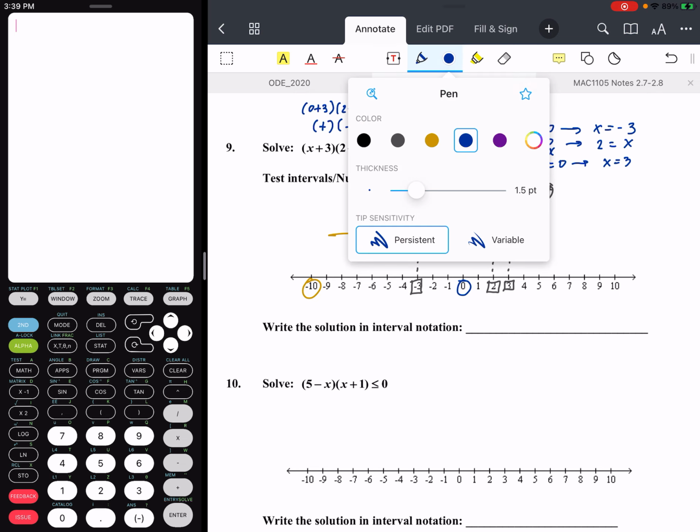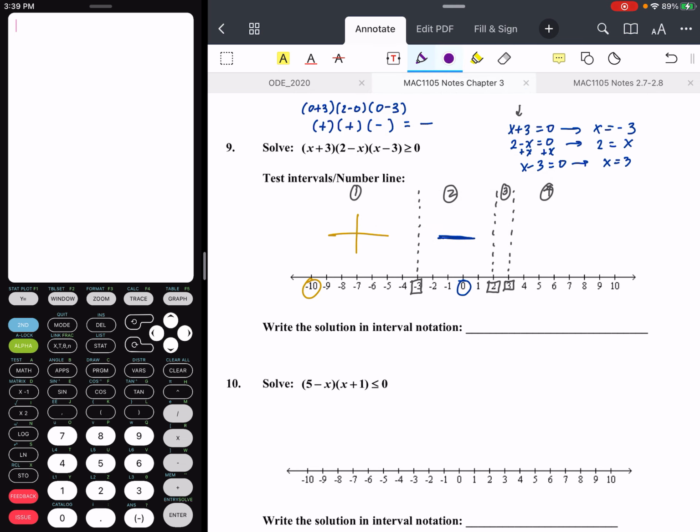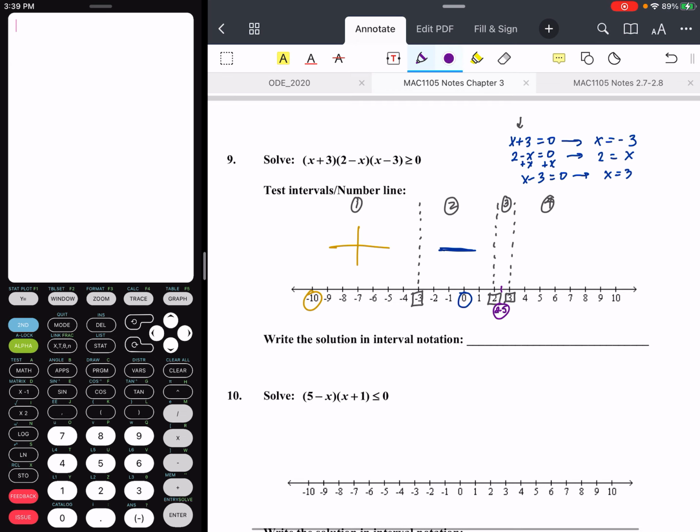All right, my third interval is between 2 and 3. There's not a nice pretty integer that lives between these two. So how about we pick good old 2.5. So that's going to be my test point. All right, so now I'm going to be plugging in 2.5 into my factors here. So 2.5 plus 3 times 2 minus 2.5 times 2.5 minus 3.